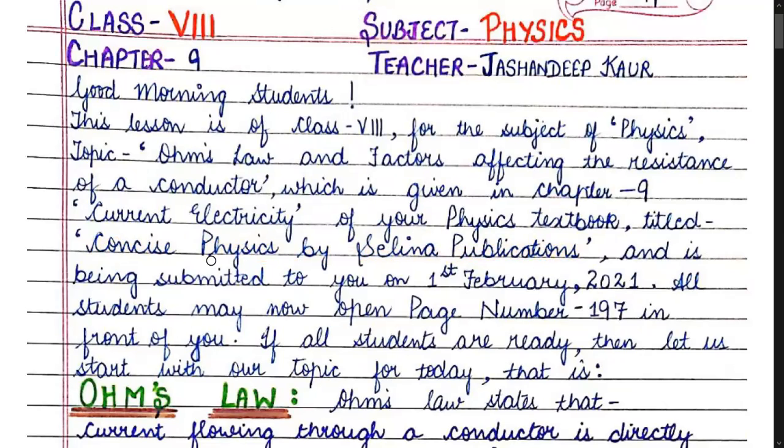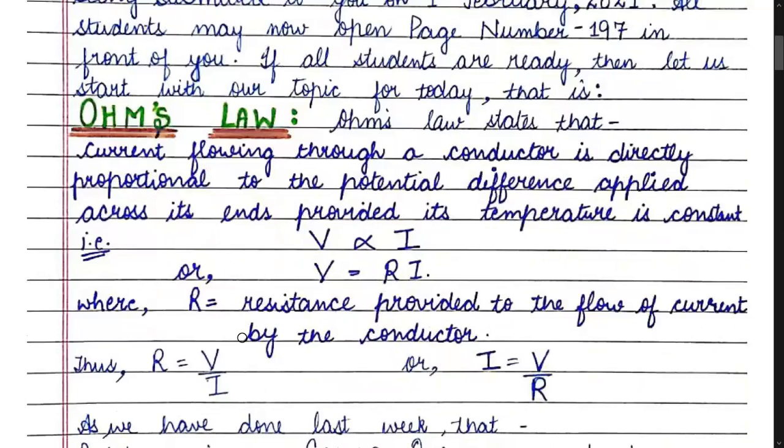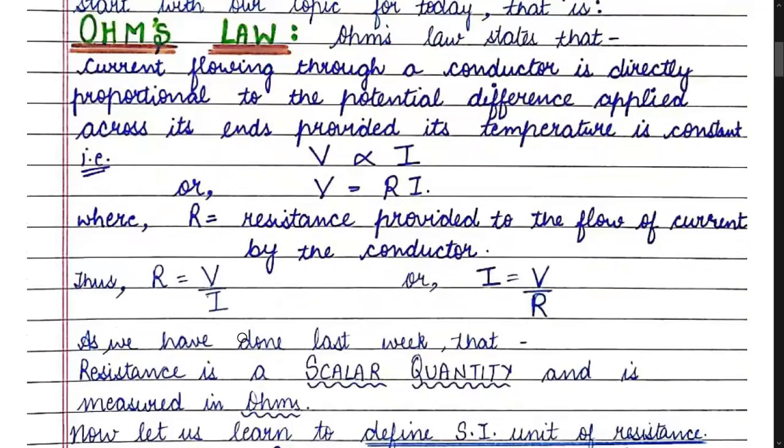All students may now open page number 197 in front of you. If all students are ready, then let us start with our first topic for today, that is Ohm's Law.